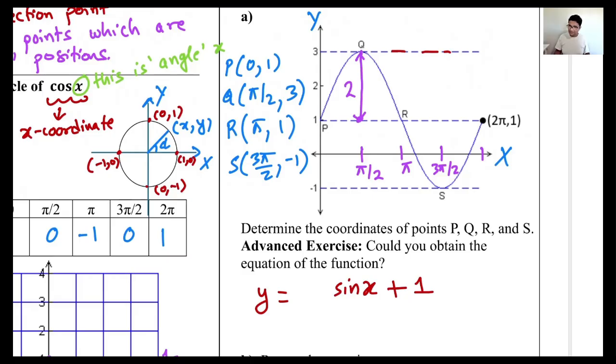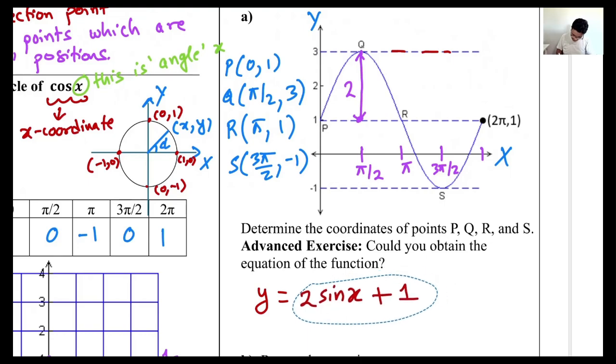So in terms of stretching, the graph of sine x has been stretched 2 times. What was an original height of 1 has now been made into a height of 2. And that you might remember from college algebra or pre-calculus is when you multiply the function at the front.